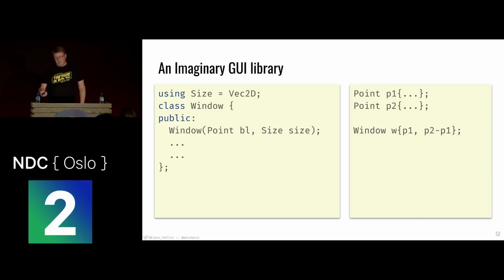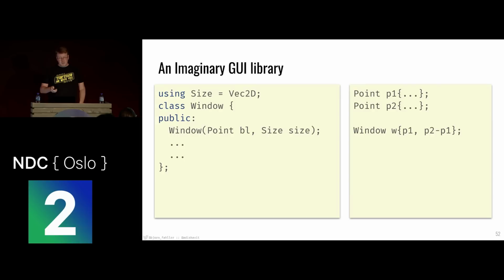In the code on the right, I happen to have two points where I want the corners to be. But since we have a proper type system where points can be subtracted to get vectors, this is not a problem: I just say I want my window to be on point 1 and the size is the difference between point 2 and point 1.